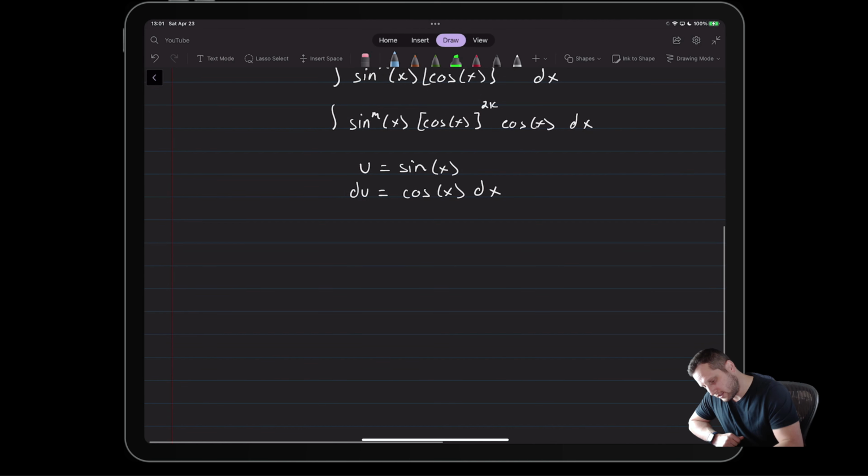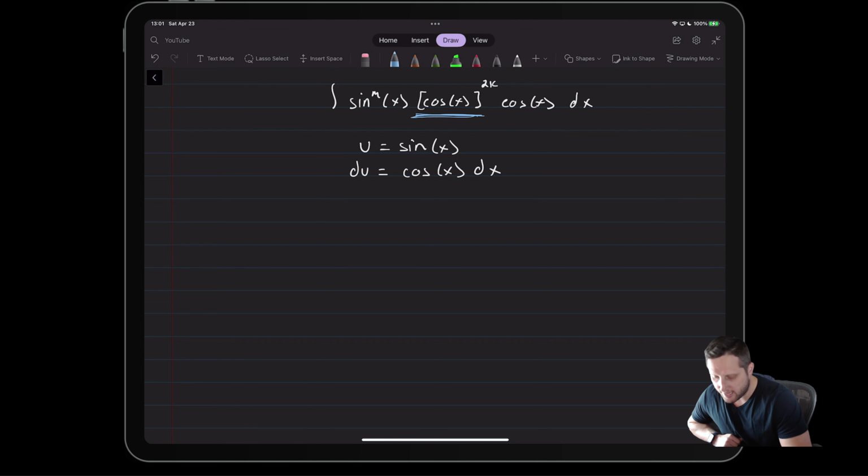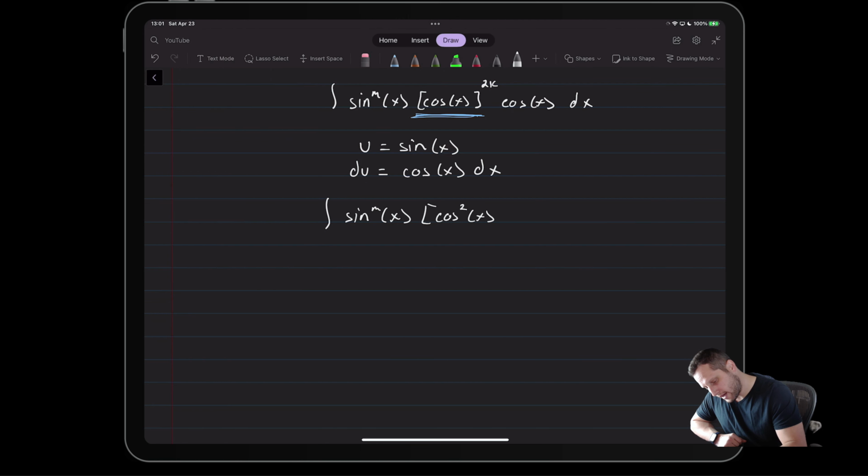And then this term right here, you're going to break into cosine squared of x to the kth power, because when you're multiplying these exponents, you can move them. So you have sine m x, and then cosine squared x to the kth power, cosine x dx.